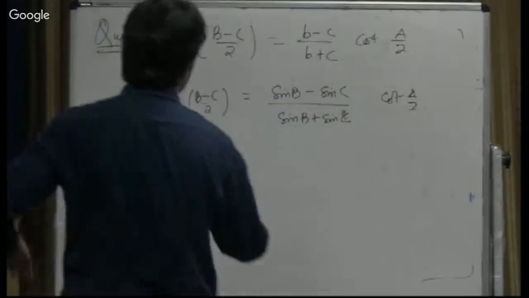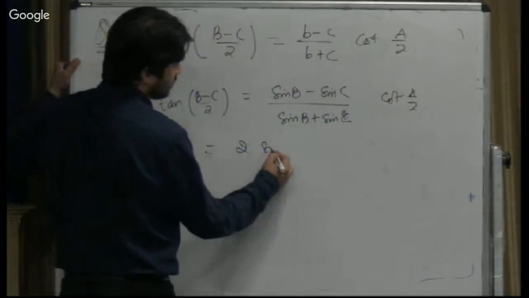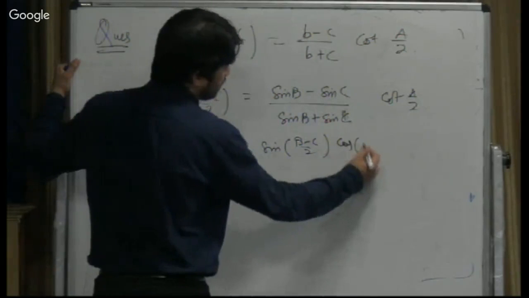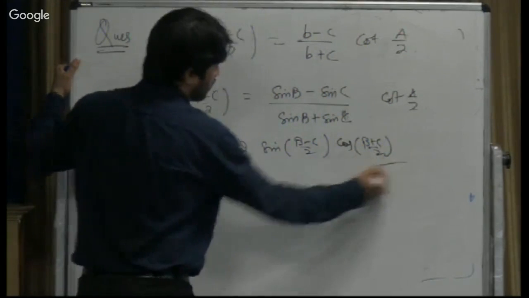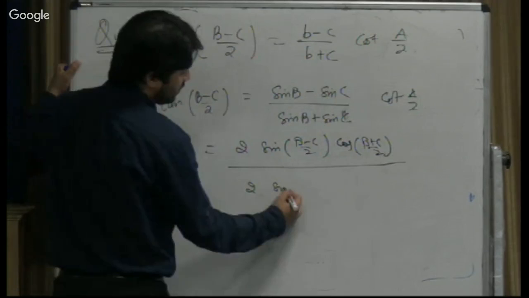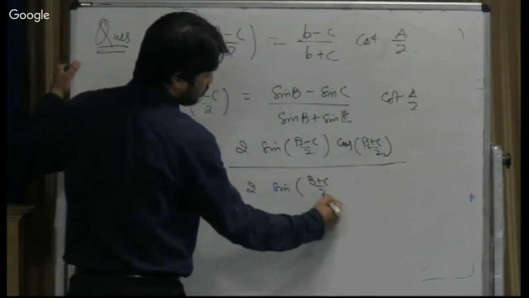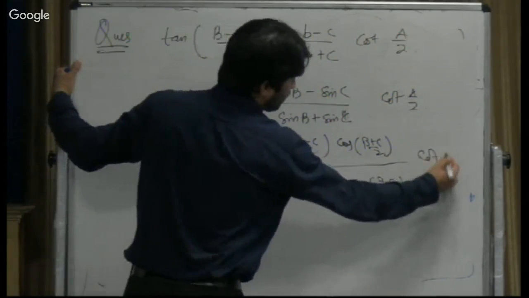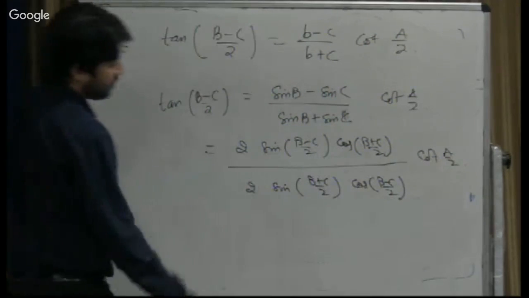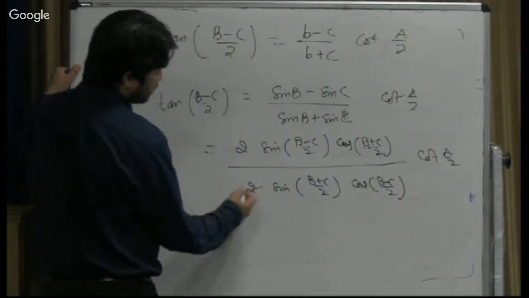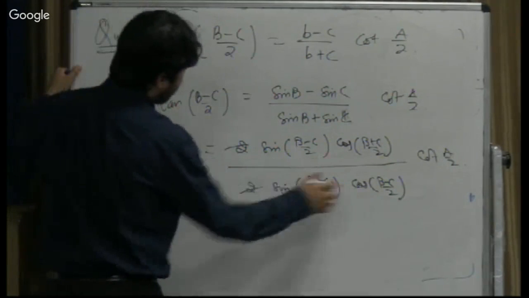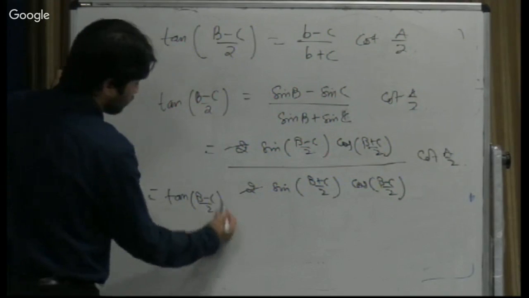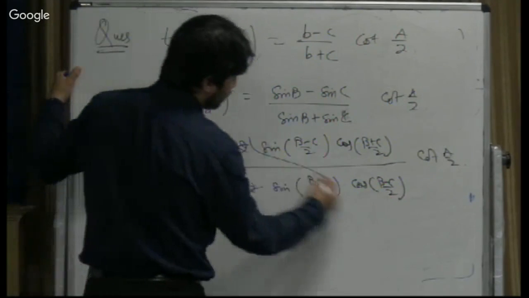So on the above thing, sine (b minus c) by 2 into cos (b plus c) by 2, और नीचे 2 into sine (b plus c) by 2 into cos (b minus c) by 2 into cot a by 2. Right? So this gone, this gone. ये सेफली आ गया tan (b minus c) by 2. इसको छेड़ो मत, इसको अलग छोड़ दो.